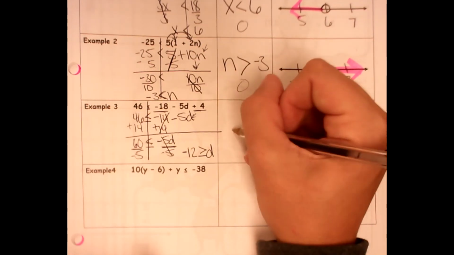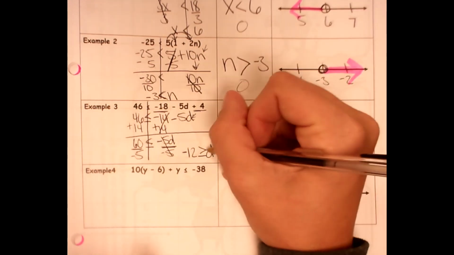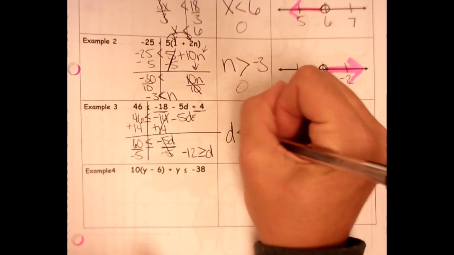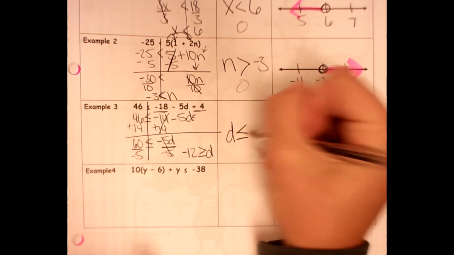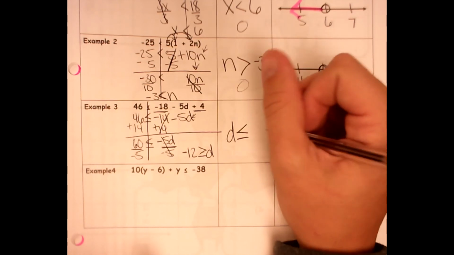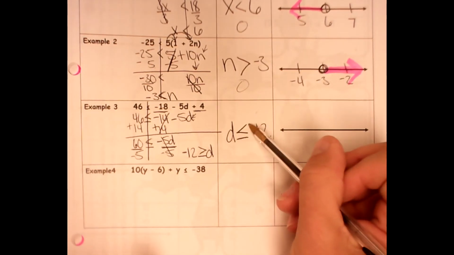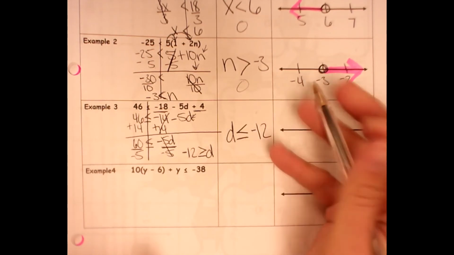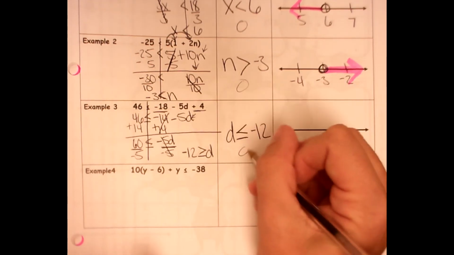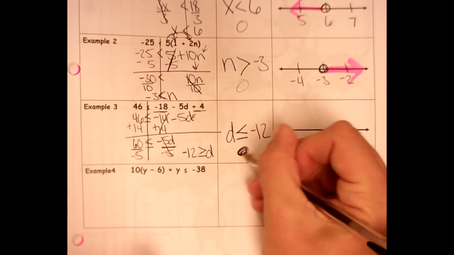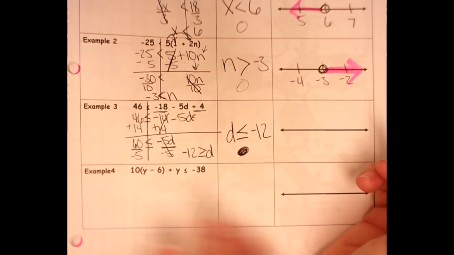So I want my d to go first, my variable. The pointy end is towards the d, so the pointy end stays towards the d with the line underneath it. Negative 12. D is less than or equal to negative 12. Because it's less than or equal to, it's a circle that's shaded.